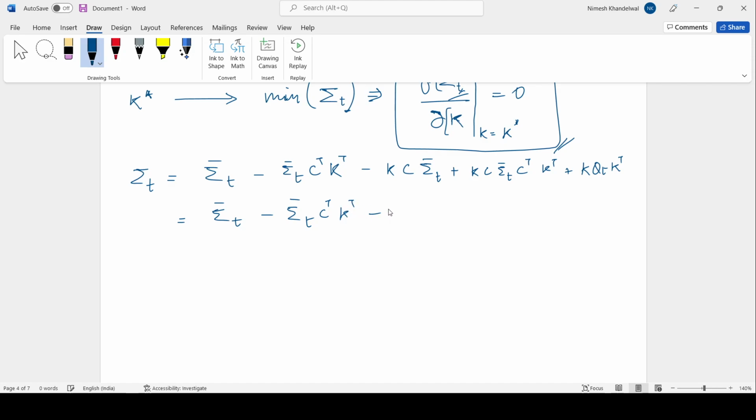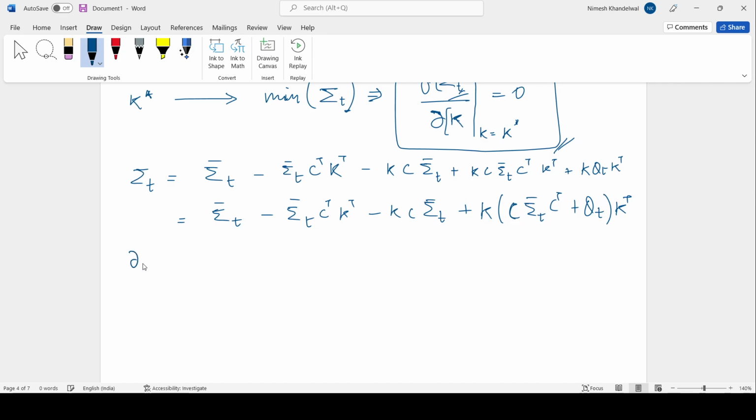These two terms are linear in K, and this term here is quadratic. So this is C sigma bar C transpose plus Q t, K transpose.